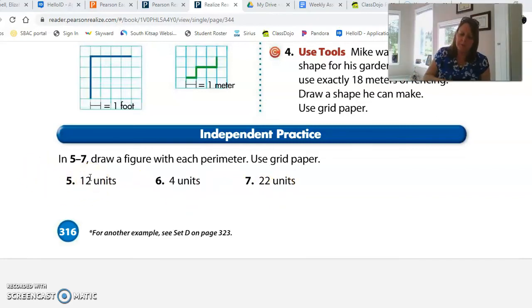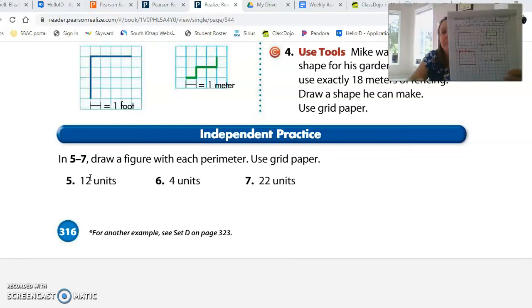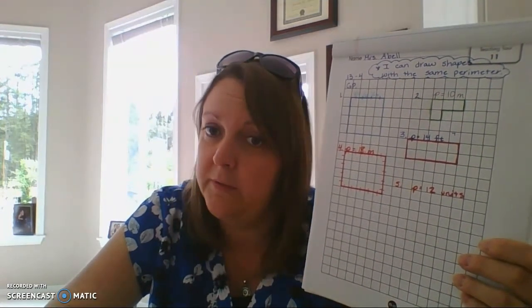So let's just do number 5 before I go. Number 5. If the perimeter is 12 units, I'm going to cut 12 in half. Half of 12 is 6. Now how can I make 6? I could go 2 plus 4. I could go 5 plus 1. I could go 3 plus 3.